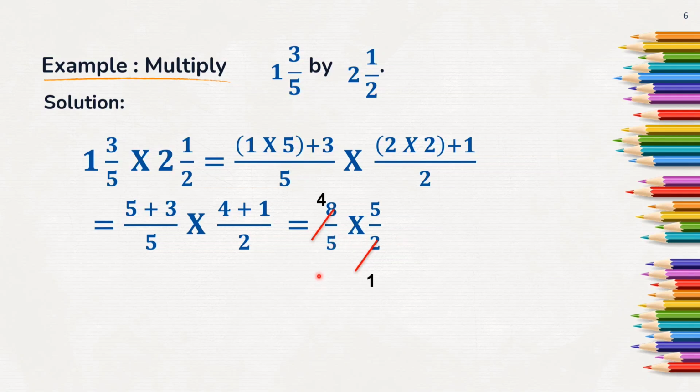Here also 5 ones are 5 and 5 ones are 5. Here next we'll have to multiply 4 into 1 and 1 into 1. Yes. So 4 into 1 by 1 into 1 is equal to 4 by 1. 4 by 1 is nothing but 4 itself.